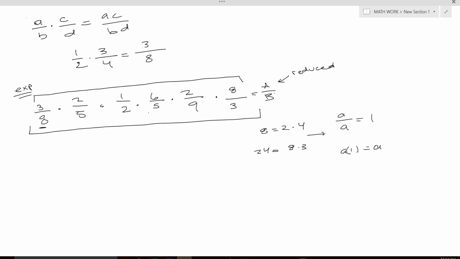Those are two handy dandy properties to remember. So I see here that there's an 8 in the denominator, and I have an 8 in the numerator. So we can cancel those out and yield the value of 1.